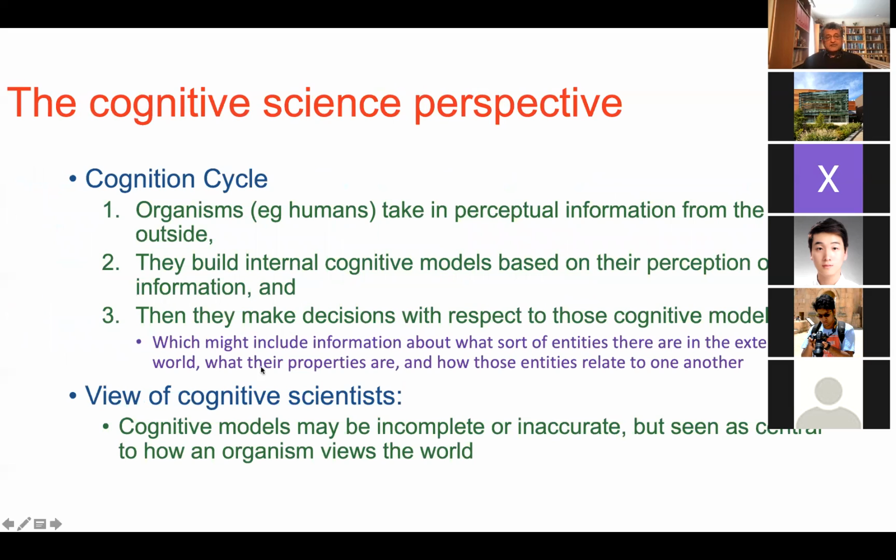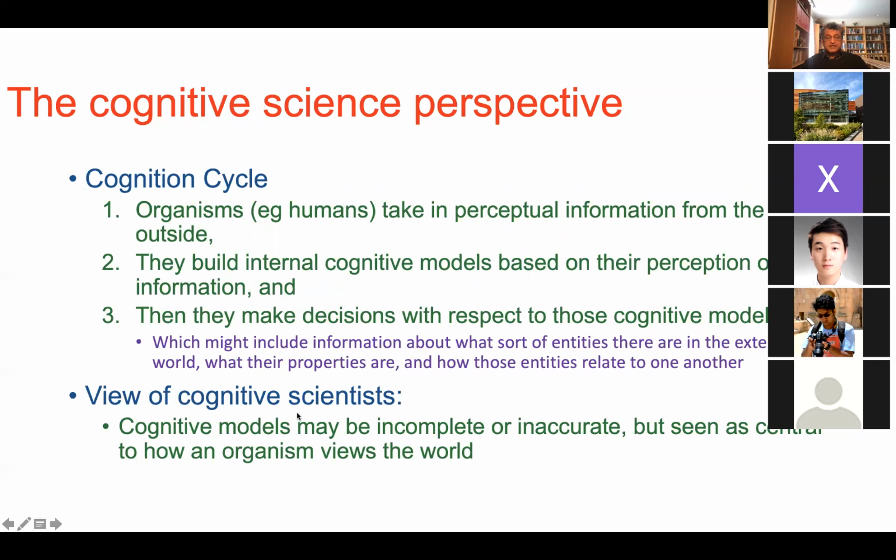All right, the cognitive science perspective is the cognition cycle. Organisms take in perceptual information from the outside. They build internal cognitive models based on their perception of the information. And then they make decisions with respect to those cognitive models. This is called a cognition cycle: taking in the information, building cognitive models, and then making decisions from these models.